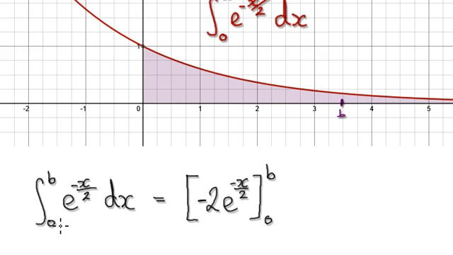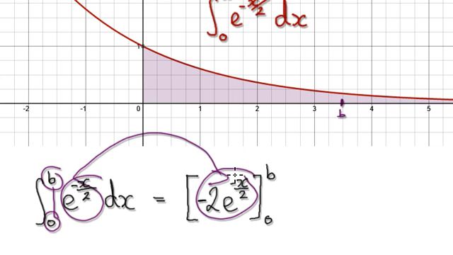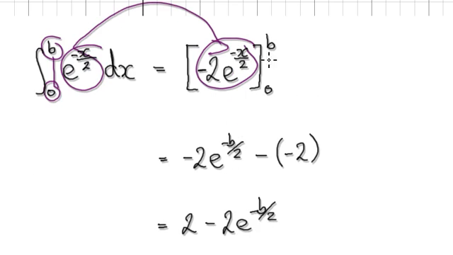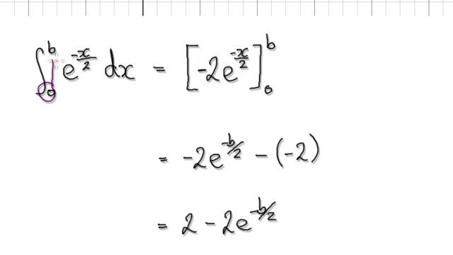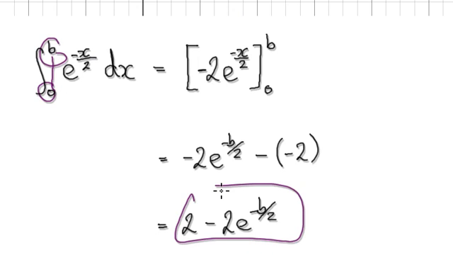So let's evaluate it from 0 to B. When you integrate it, it will give you this. Put B into here and so on, that will take you to here, and then tidy up, that will take you to here. So when you integrate it from 0 to B, it will give you this.